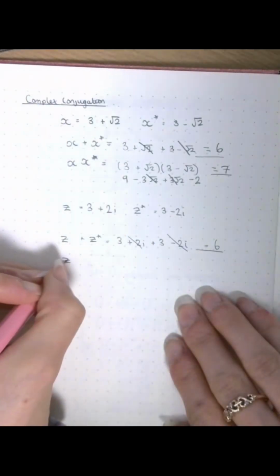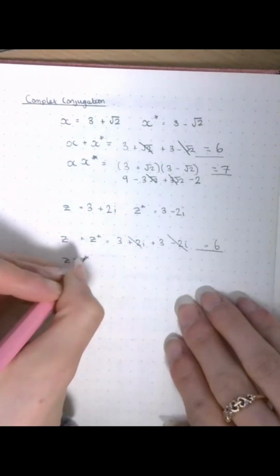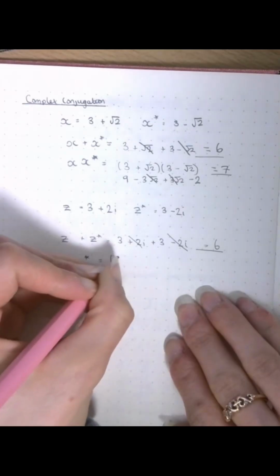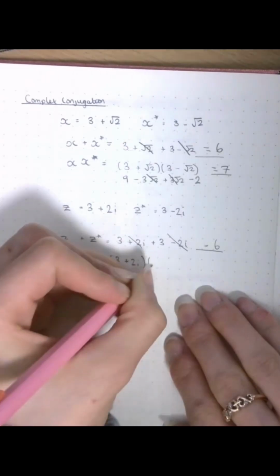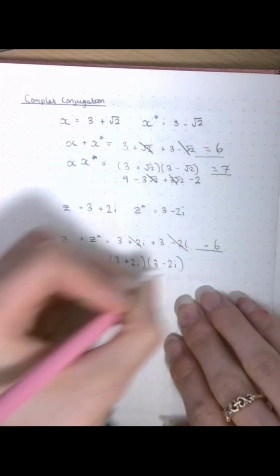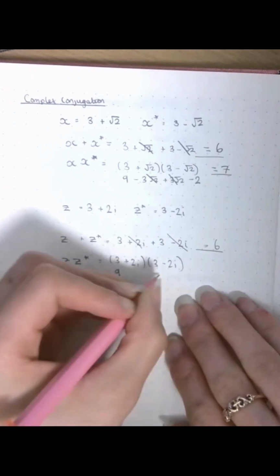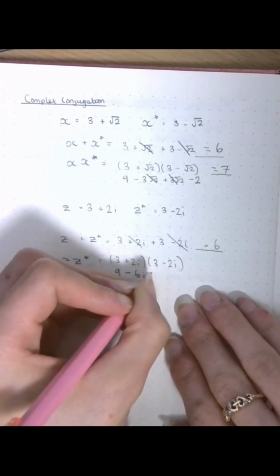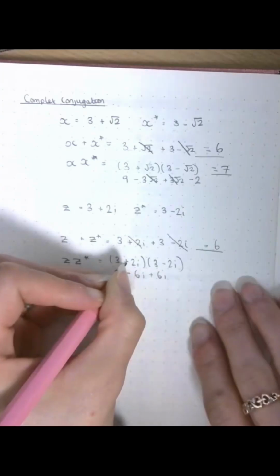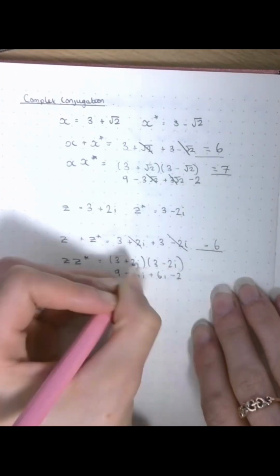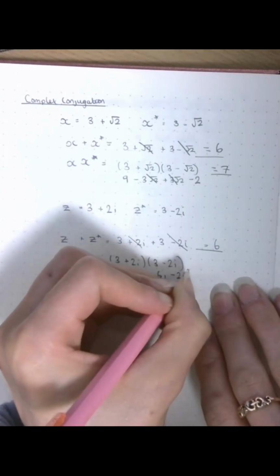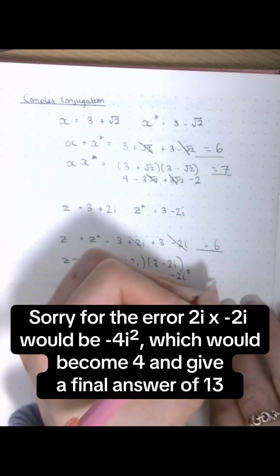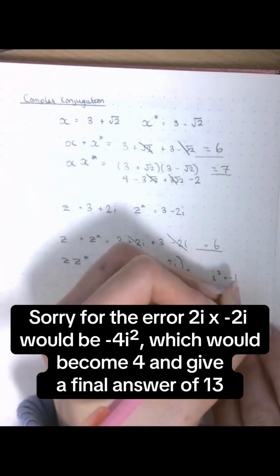Then let's try multiplying it. So then we'll have 3 plus 2i, 3 minus 2i. 3 times 3 is 9. Then we'll end up with minus 6i plus 6i. And then we'll end up with minus 2i squared. So i squared is just negative 1.